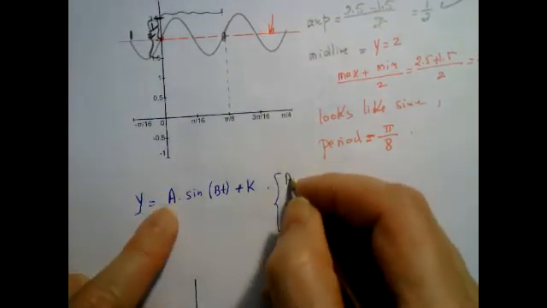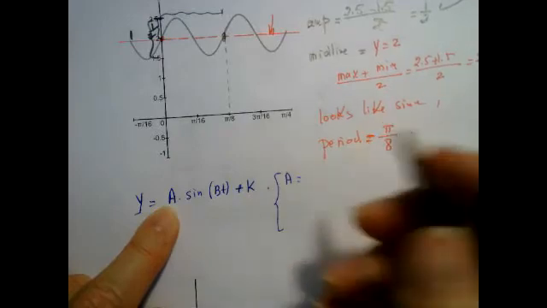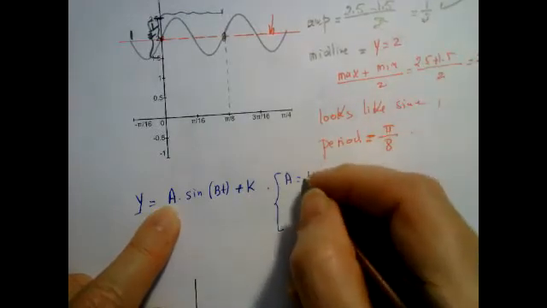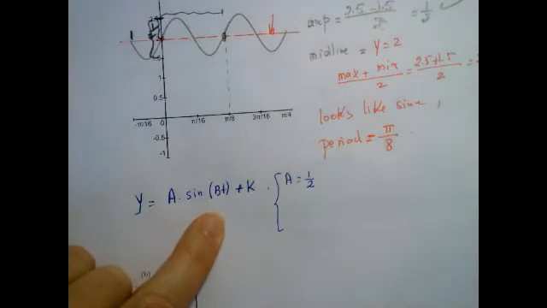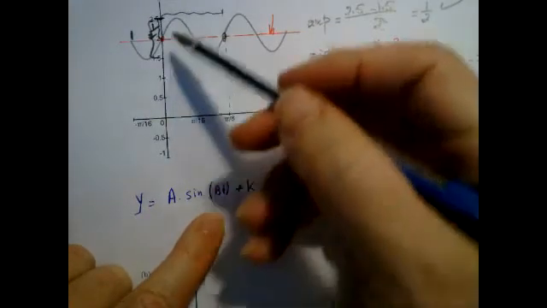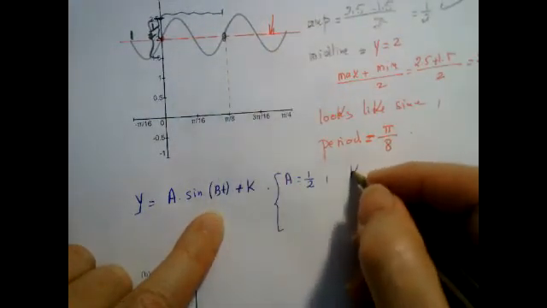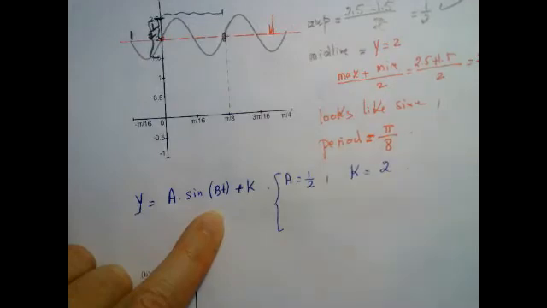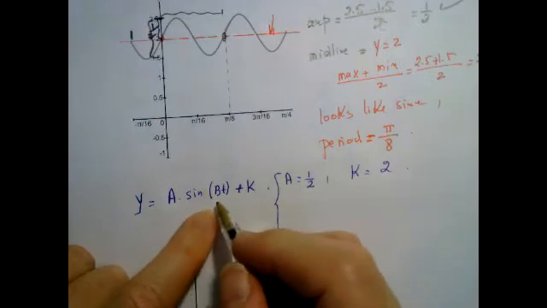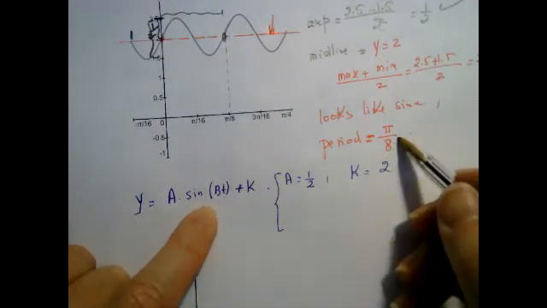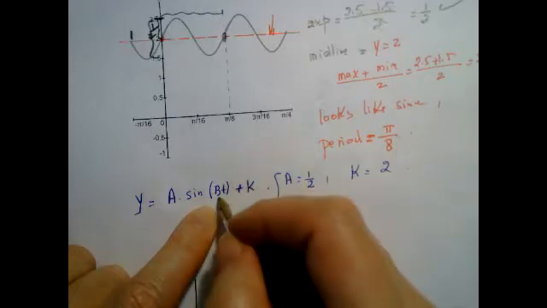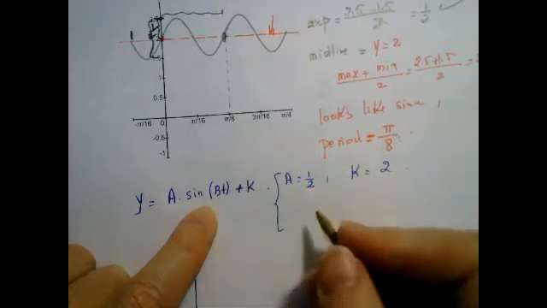The a in this case, because it's exactly like the sine, is going to be the half. Now we're shifting up by 2, so k is equal to 2. Nobody as a whole had difficulties with that. The difficulty came here. B is not the period. So the b here is not the pi over 8. What's the b?